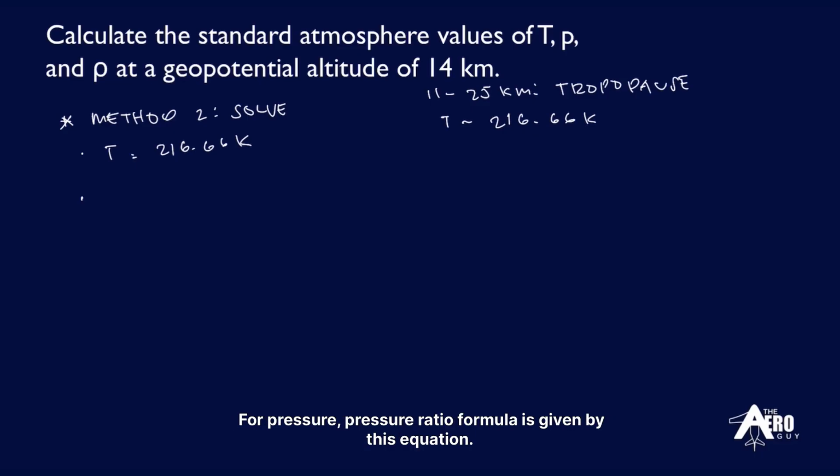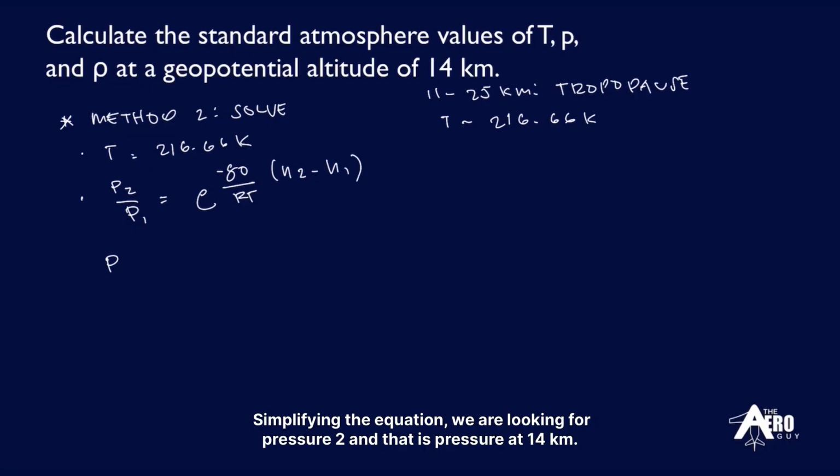For pressure, the pressure ratio formula is given by this equation. Simplifying the equation, we're looking for pressure 2, and that is pressure at 14 kilometers.